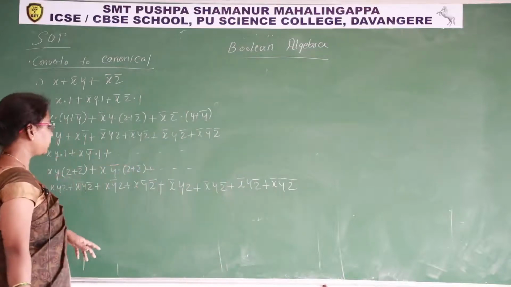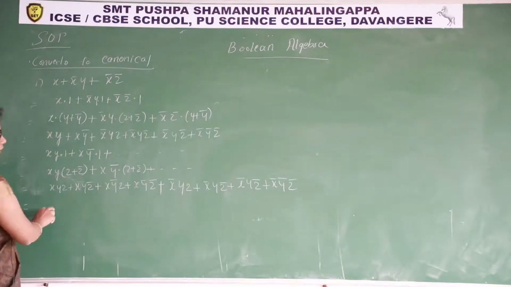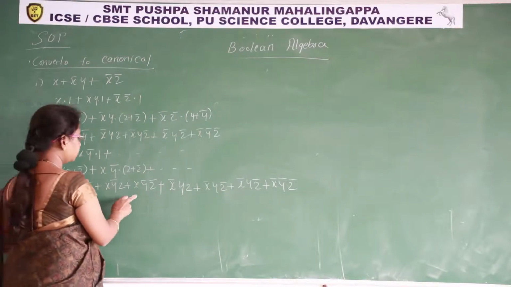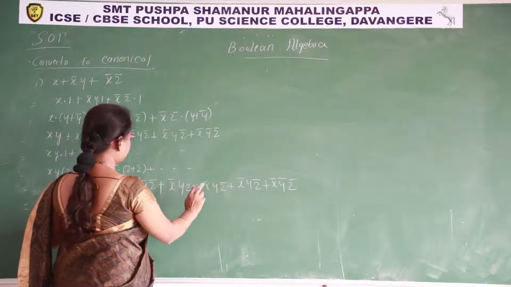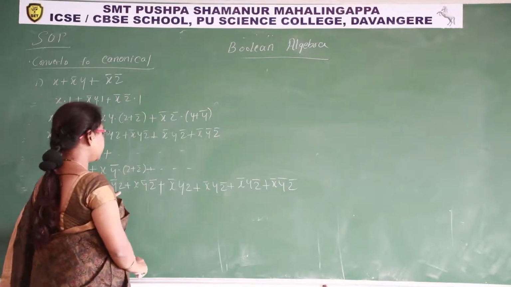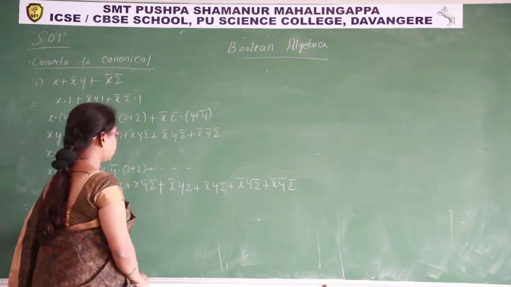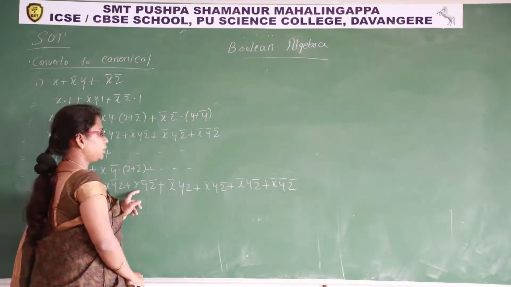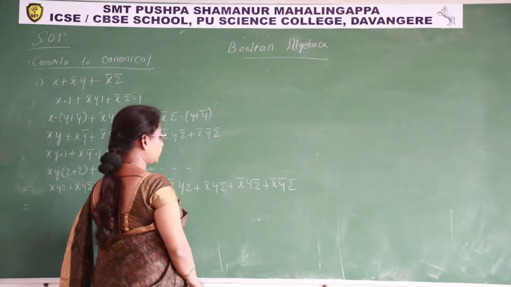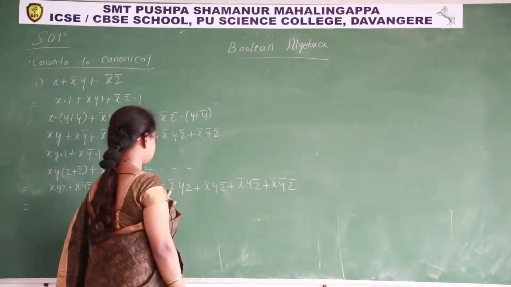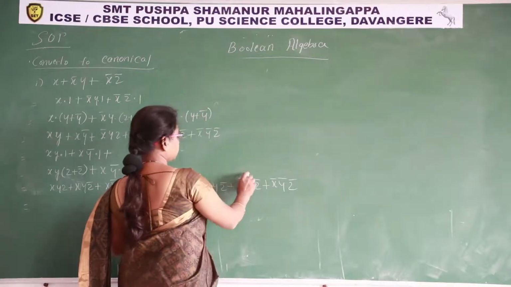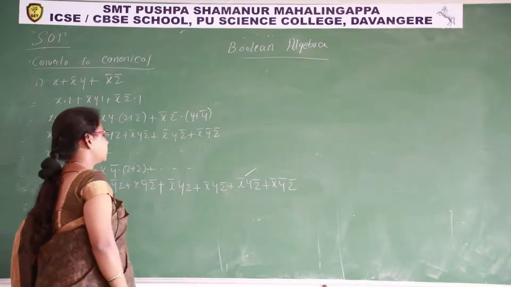Now you have to find the repeated terms first. xyz only one time, xyz bar, xy bar z only once, xy bar z bar, x bar yz, x bar yz bar repeated here, and x bar y bar z bar.